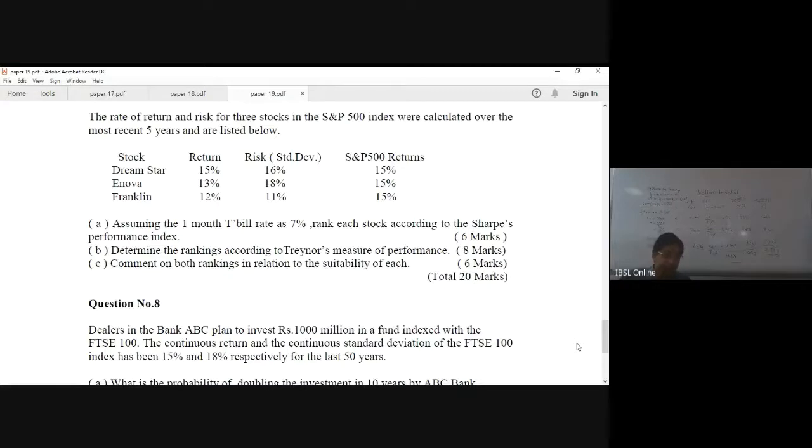Yes, then Dreamstar would be the number 1 rank. Number 2 rank comes to Franklin with 0.45 of index, and with 0.33 of index Innova comes to the last. So D, F, I would be the ranking.